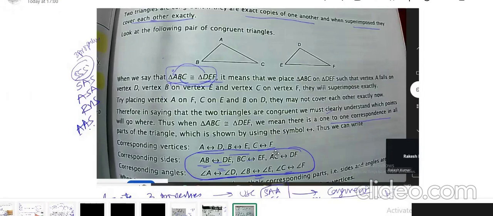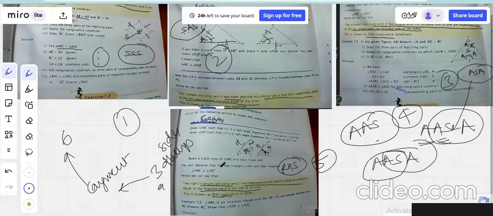Once the three are equal and the triangles are congruent, the corresponding sides and the corresponding angles will be found to be equal. Because if three are equal, then they superimpose on each other, and once they superimpose, the six things are equal.